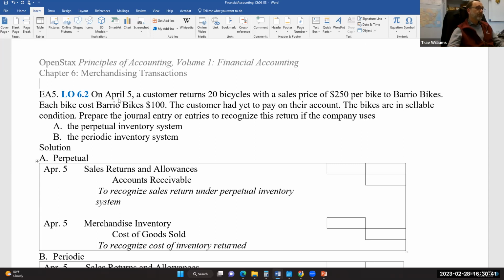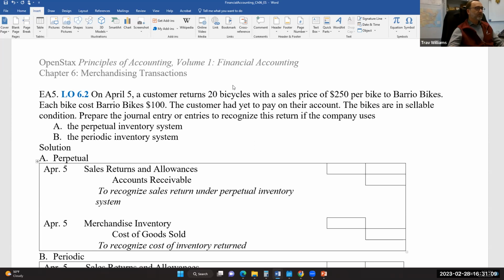So let's see what data we have. Oh, I'm sorry, this is not a sale, but it's the same concept. When a customer returns a product, we use pretty much the same journal entry that we would for a sale. It's just that the account names get flipped around, with one exception, and I'll show you what that exception is.